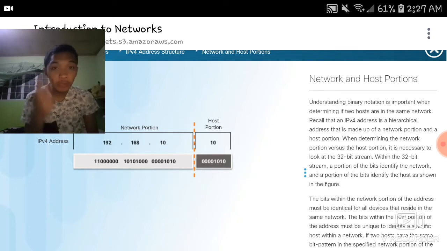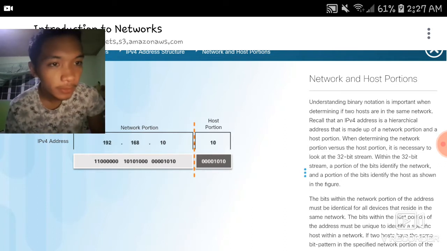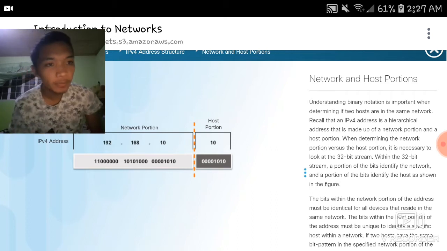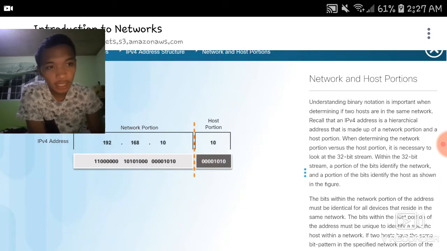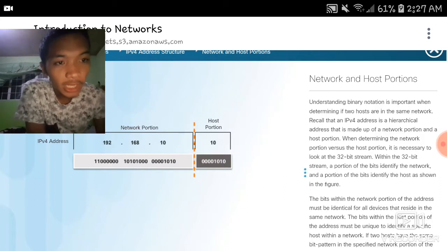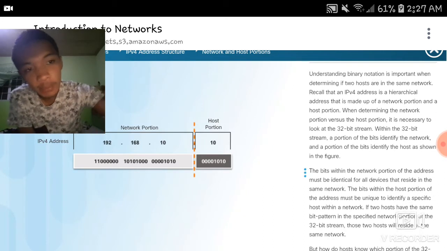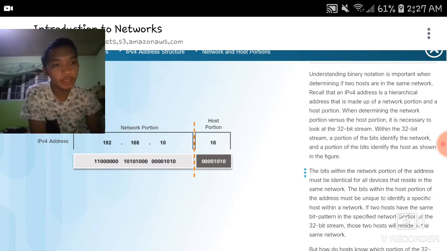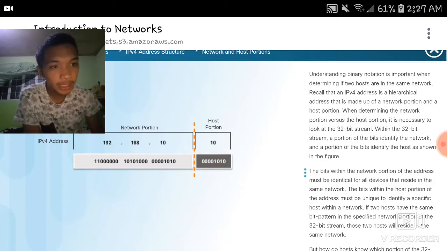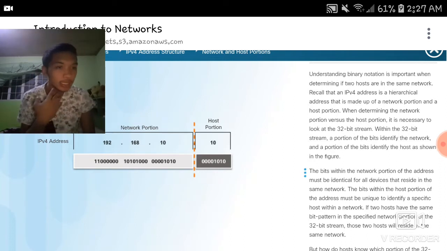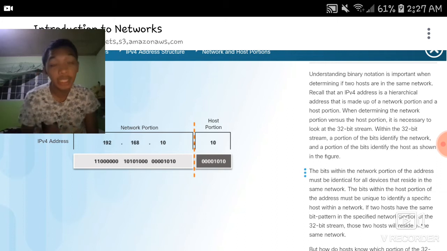Within the 32-bit stream, a portion of the bits identify the network, and a portion of the bits identify the host as shown in the figure. The bits within the network portion of the address must be identical for all devices that reside in the same network. The bits within the host portion of the address must be unique to identify a specific host within a network.